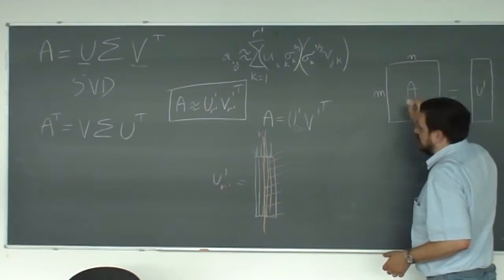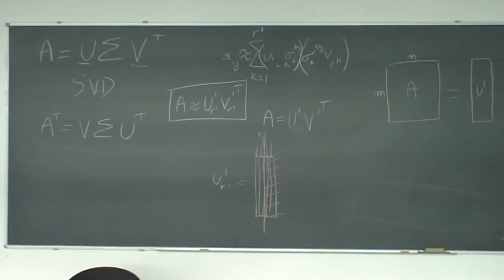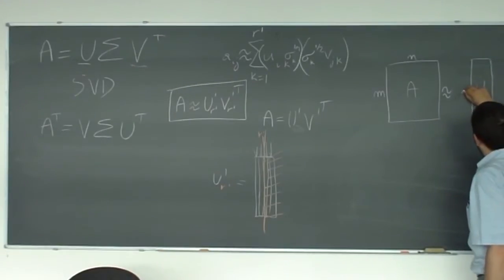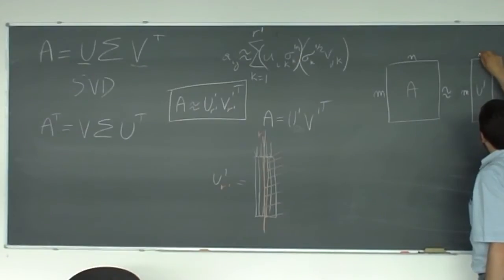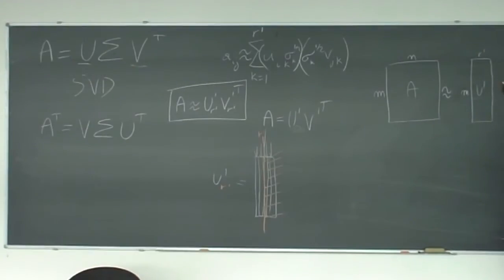We have M rows and N columns. Okay. So we get an approximation of A by having U prime with M rows and only R prime columns, and matrix V prime transpose, well, with an R prime down here also. Okay? So they're not the original matrices because I cut off a few of the smallest columns here.